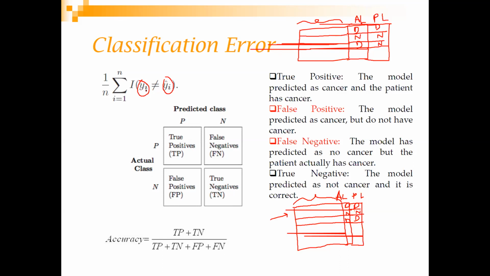And what is n? n is the number of examples, in the example we took, how many birds there are. So 10. So this will give a result such that out of 10 rows, if in one row it has not matched, then you will say the classification error is 1 by 10, or 0.1.